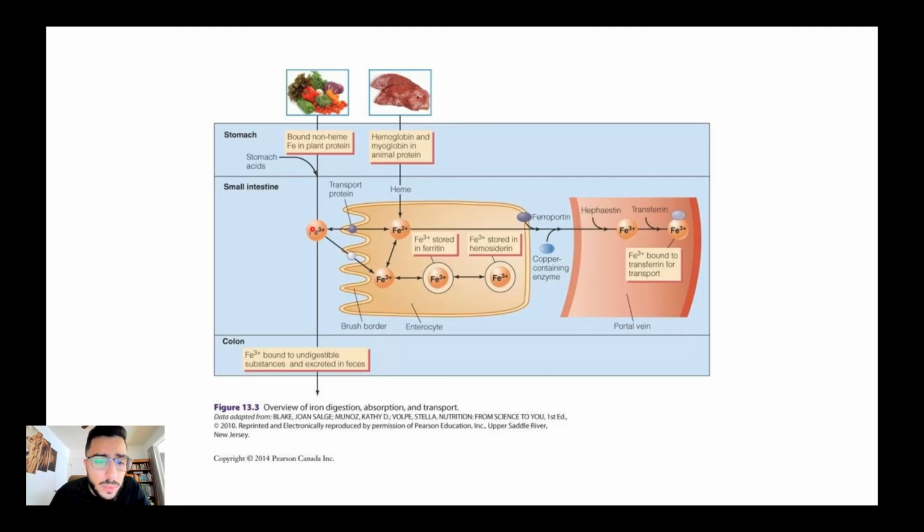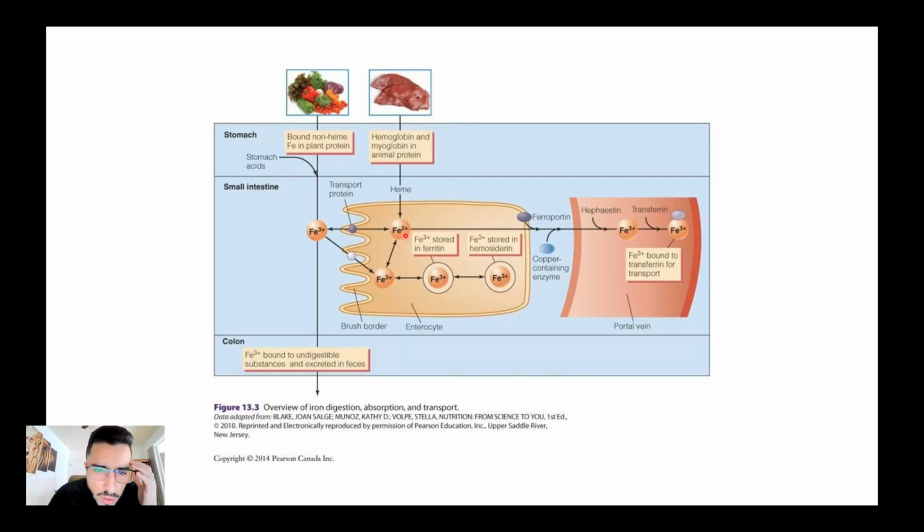This ferric iron will either be bound to something undigestible because it will interact with it in your digestive system and then just be released, or it can also be absorbed and transported in the intestine through the transport protein, which will bring it inside the enterocyte, and then the enterocyte determines, do we store it or do we send it somewhere else?